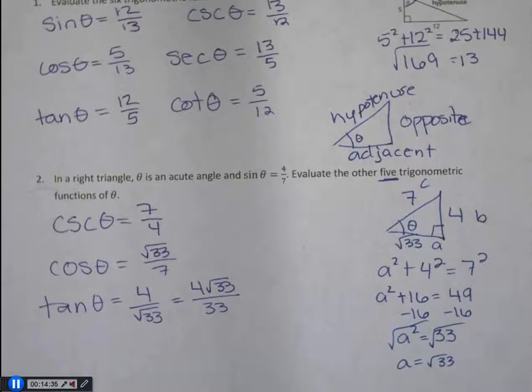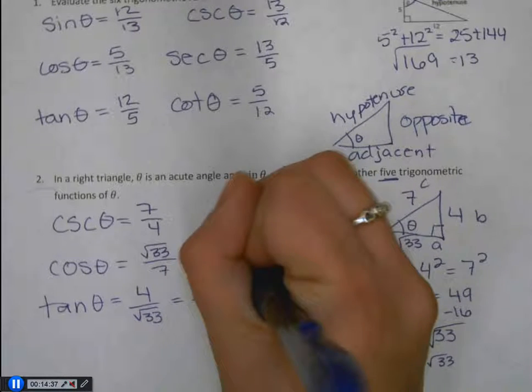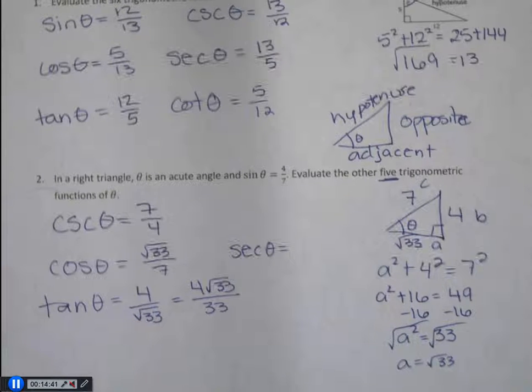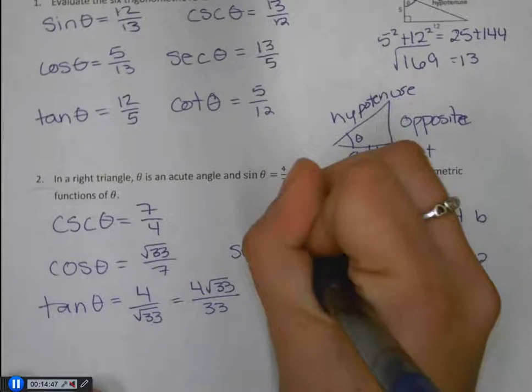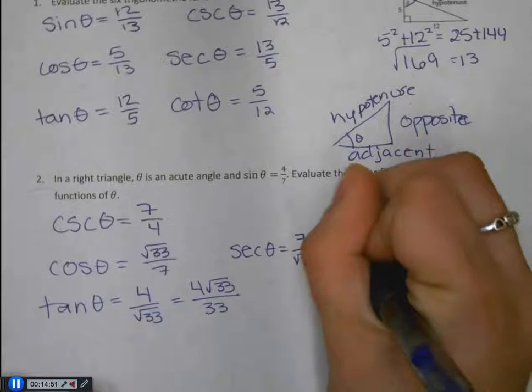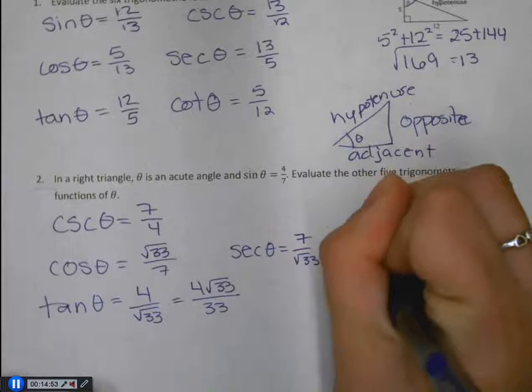Okay, so secant goes with cosine. So what would my secant be? Okay. So remember, I told you we can't leave the square root on the bottom, so it's going to turn into 7 square root of 33 over 33.